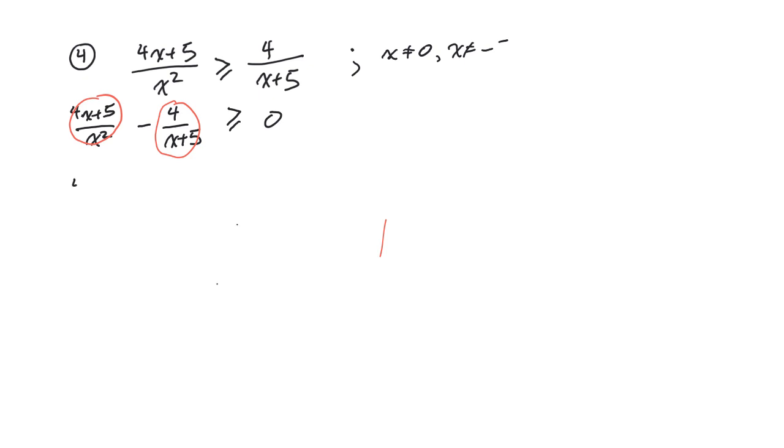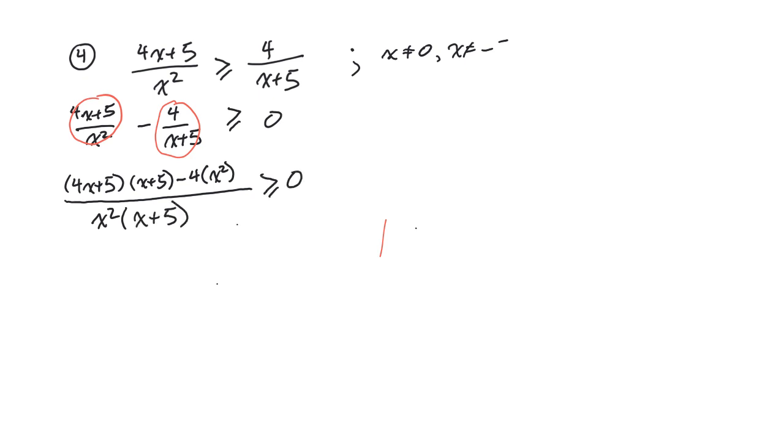You're going to have 4x plus 5 on the top, and then you're going to multiply that by x plus 5. And then for the second half of the numerator, you're going to have negative 4 times x squared. And it's all over x squared times x plus 5, which is greater than or equal to 0.